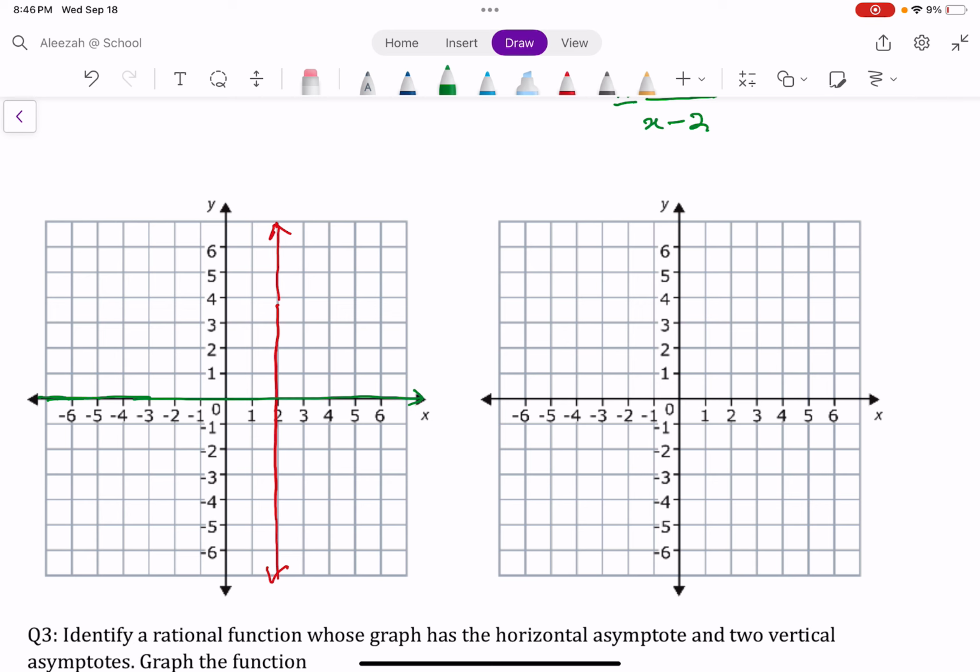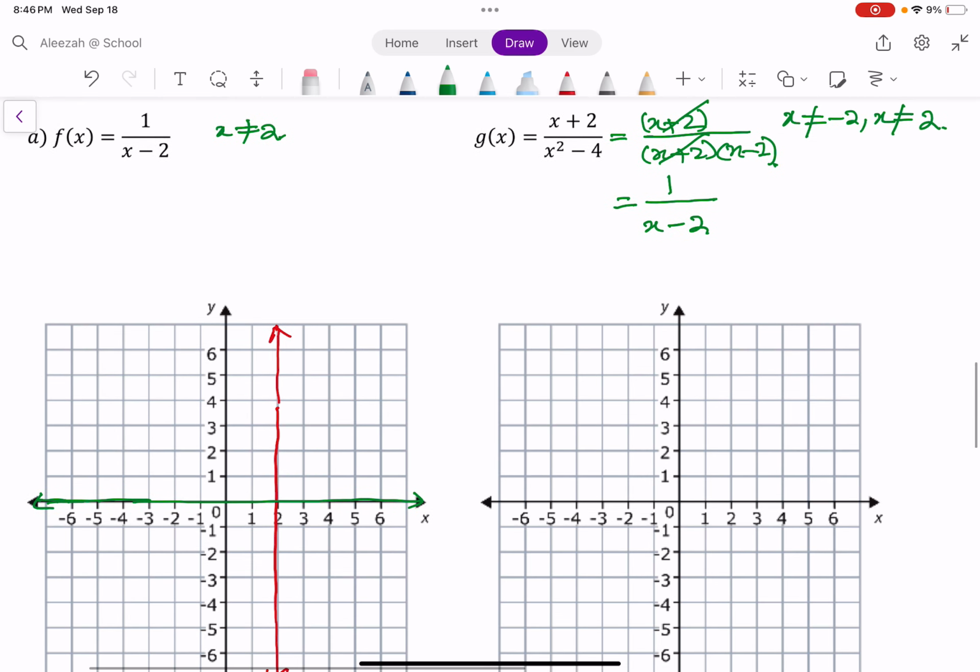The x-axis. And if I graph it, you can make a table of values, but the function will look the same as we did in previous questions. It will be like that here, and then it's like here. So that is the graph, right?